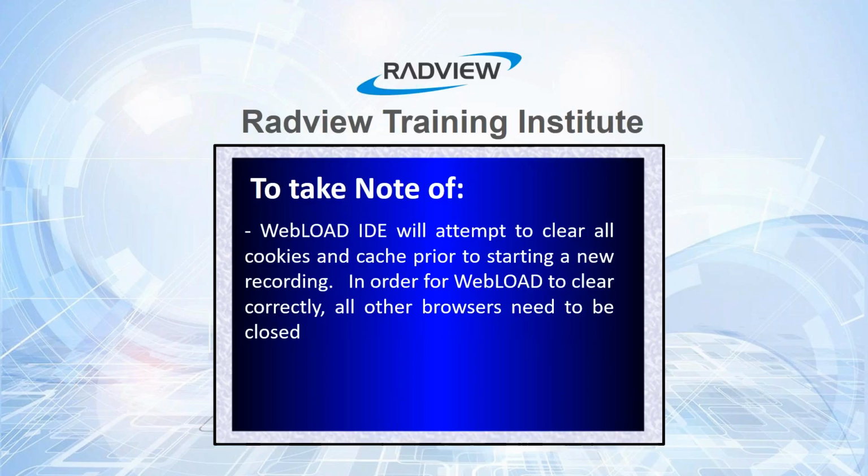So the tool automatically opens up and attempts to clear all of the cookies and cache. If it's not able to do that, and it can't if other browsers are open and using those cookies and cache, then it will get what we refer to as a dirty recording, meaning we pick up information from other browsers into your script and that'll make it not run correctly. So you want to make sure that you shut down all of your other browsers.